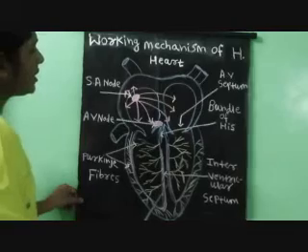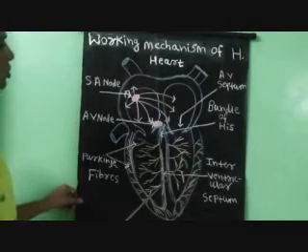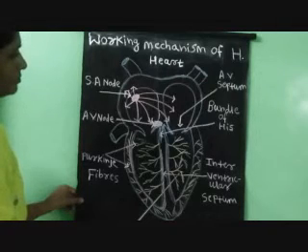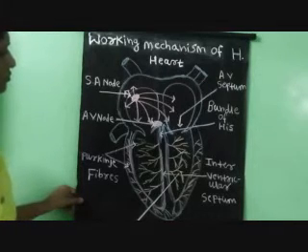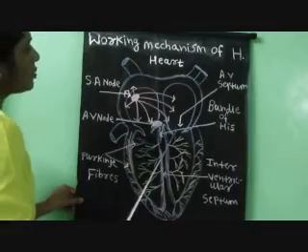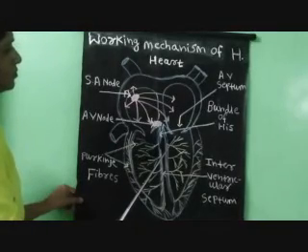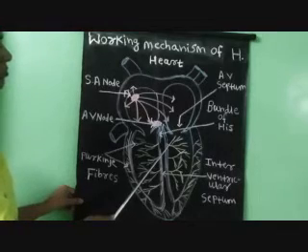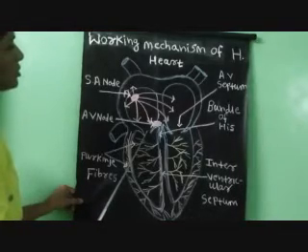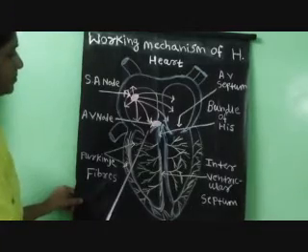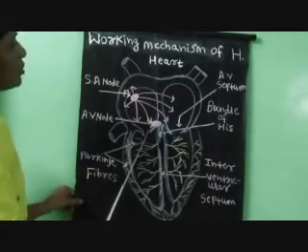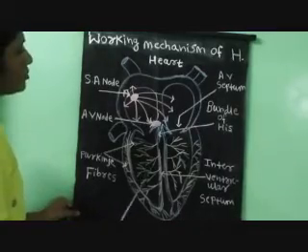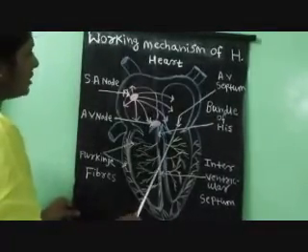Suddenly, ventricle undergoes systole. That means they contract. At that time, the auriculoventricular aperture gets closed by closing of cuspid valves to prevent flow of blood from ventricle to auricle.